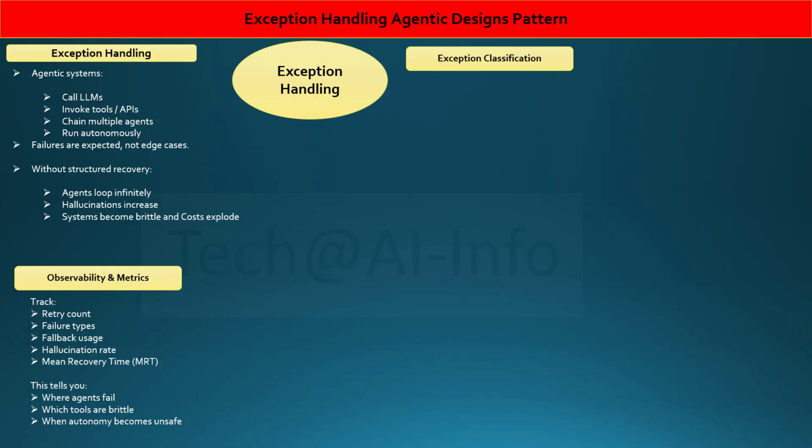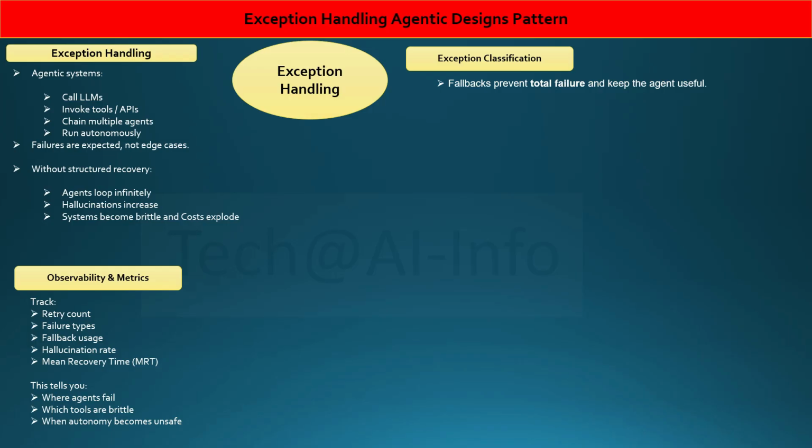Next, exception classification. Before an agent can recover, it must understand what kind of failure occurred. Retrying without understanding the failure is dangerous in agentic systems.